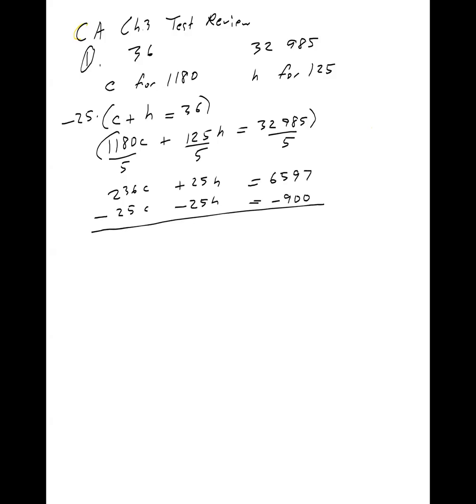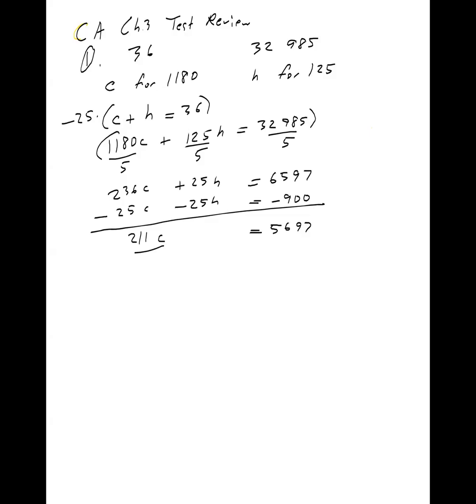If I add these equations together, I will get 6597 minus 900, which is equal to 5697. The positive and negative 25h cancel out when you add them together, and then you're left with 236c minus 25c, which is equal to 211c.